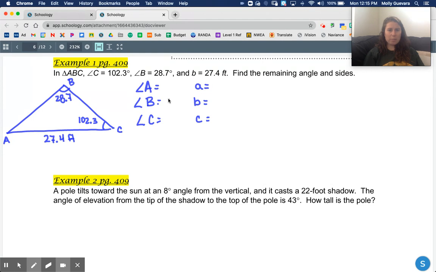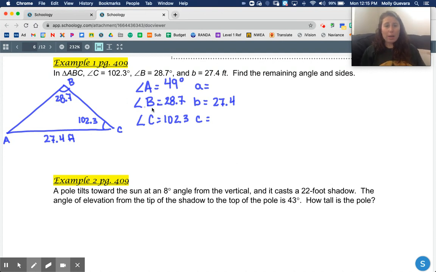I know that angle B is 28.7. I know that side B is 27.4. And I know that angle C is 102.3. So angle A should be really quick and easy to find, right? Just subtract it from 180 and we should get 49 degrees.